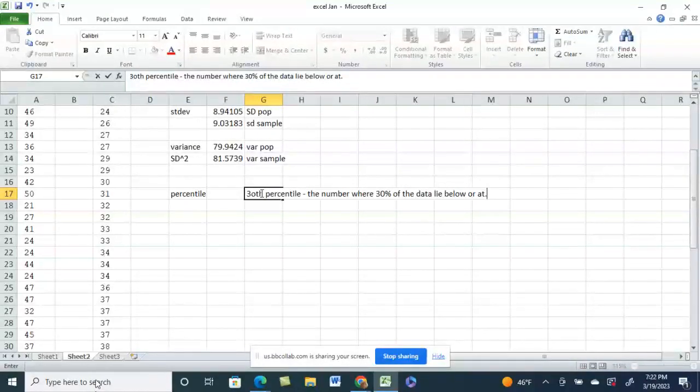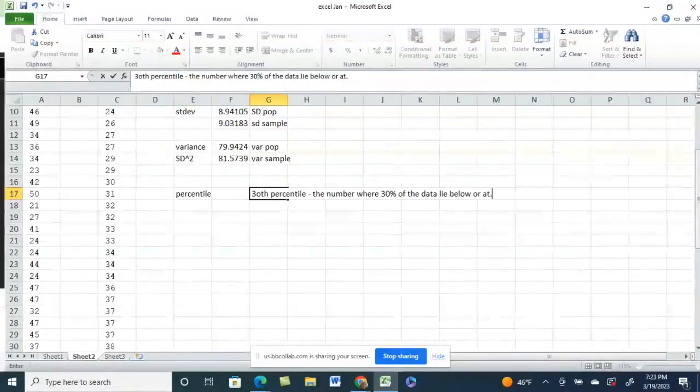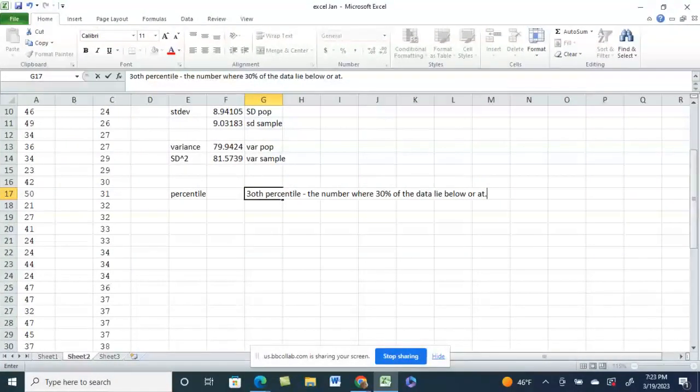So this textbook includes the number. Instead of just saying less than, they use less than or equal to. So our definition, and different books use different definitions, includes the number. That's why I say the 30th percentile is the number where 30% of the data lie below or equal to. So at means equal to.